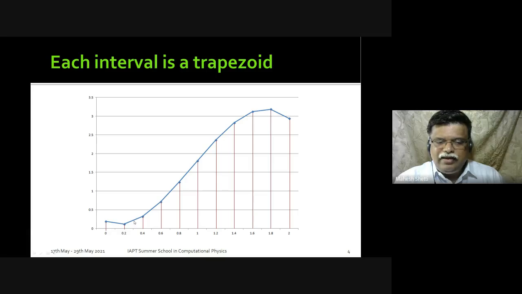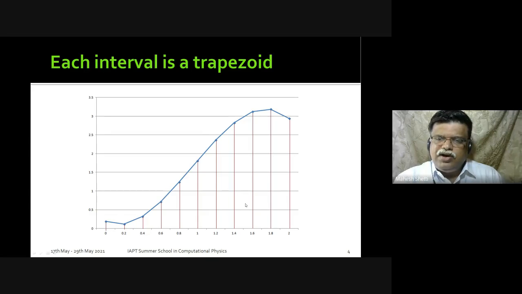Then I'm going to take each of these areas, and you can see any particular bar here, any particular column over here. Say for example, this point over here and this point over here form a trapezoid, because these two vertical lines are parallel to each other, and it is a kind of quadrilateral. So it is a trapezoid.